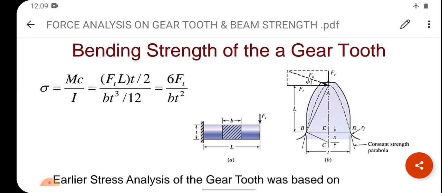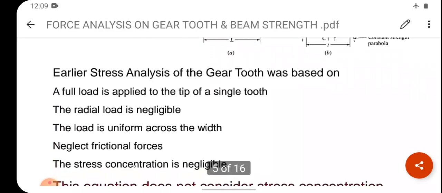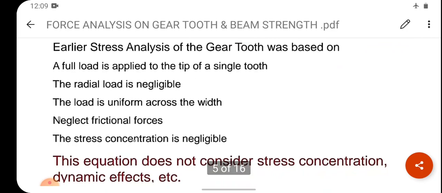This is clear to you? You know this formula? So earlier stress analysis of the gear tooth was based on a full load applied to the tip of a single tooth. Already explained. What are we doing? A single point load is acting on the free end of the tooth.